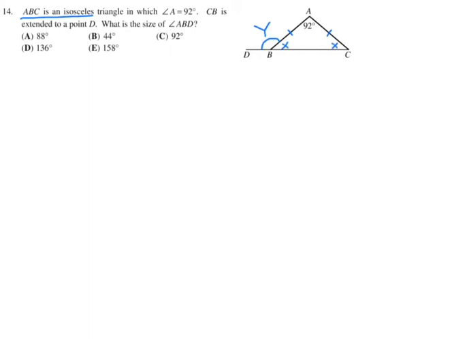Alright, so ABC, we know that the sum of the angles are going to be 180, as always. So 92 plus 2x is 180. And if you solve for this, you'll get 88, I believe. And therefore, x is equal to 88 divided by 2, or 44.